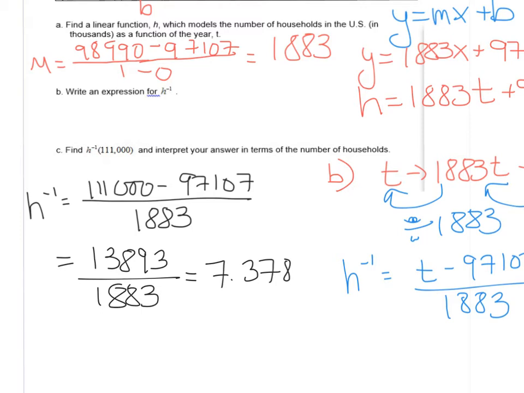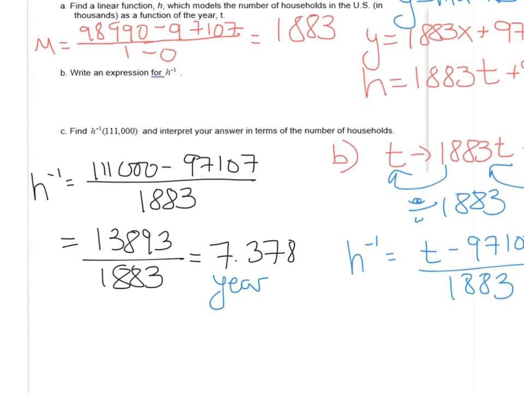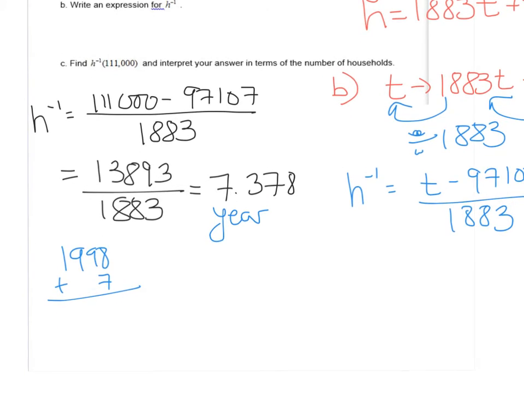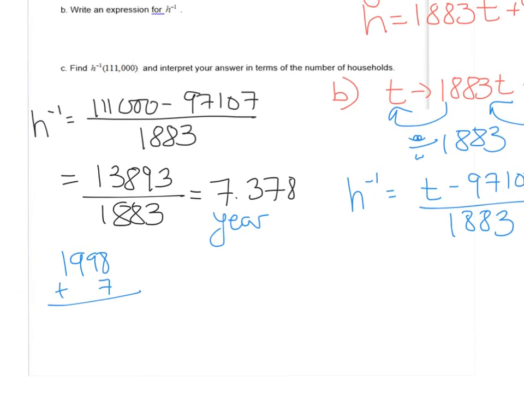This finds us a year that there were 111,000 households. Well, 7.378 is not a calendar year. We started in 1998. So if we do 1998 plus 7, we are going to get 2005.